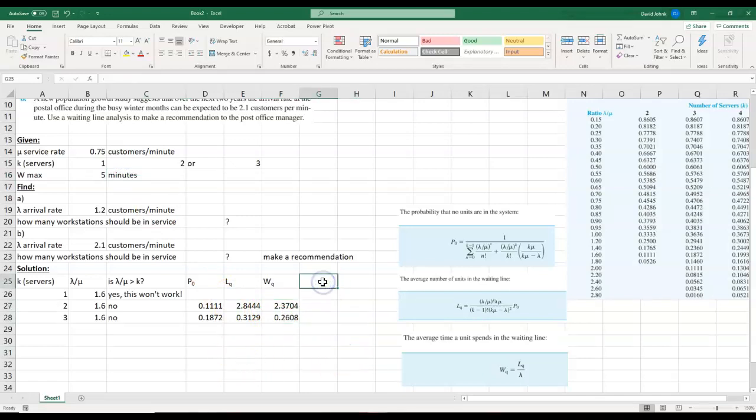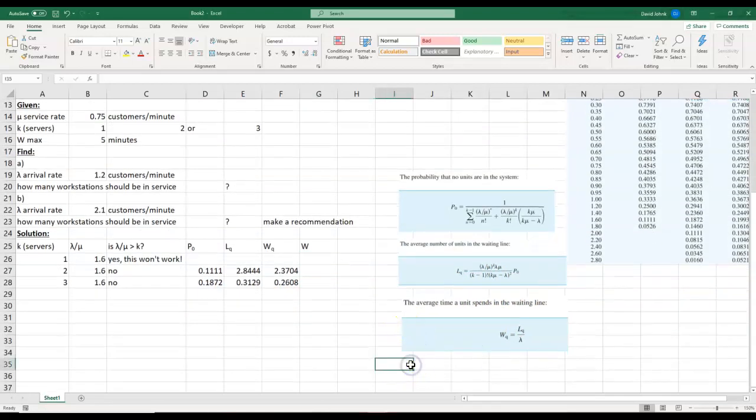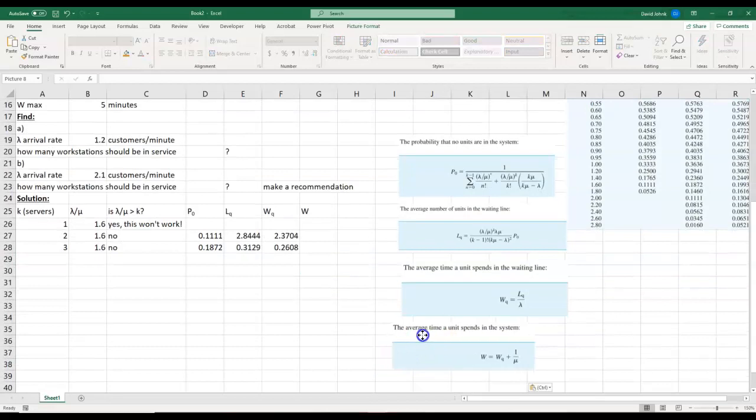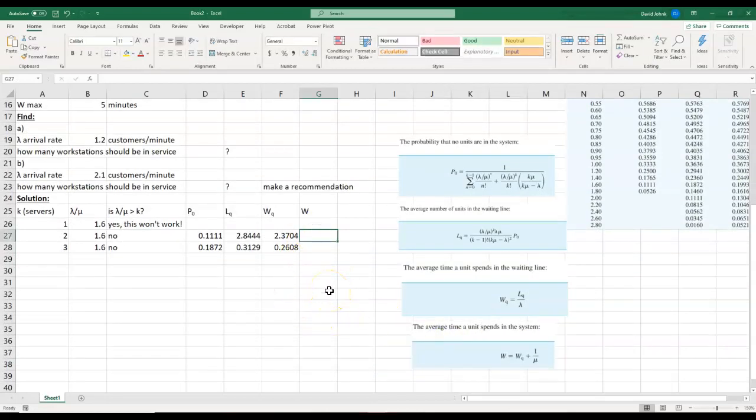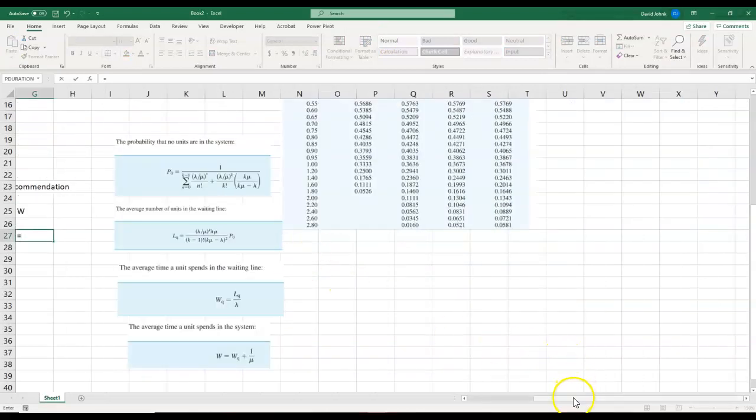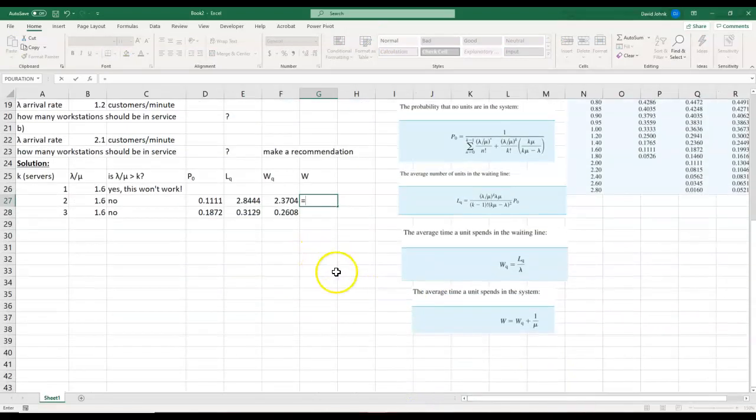So now we're finally ready to calculate W. And W is going to be calculated using this formula. The average time a unit spends in the system, and W is going to be equal to W sub Q. This new mouse I have likes to jog to the right.